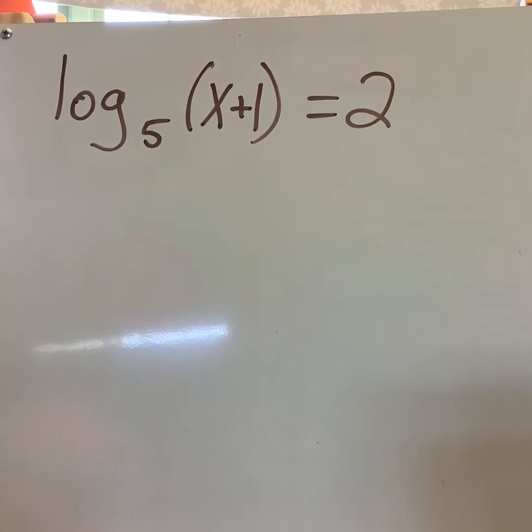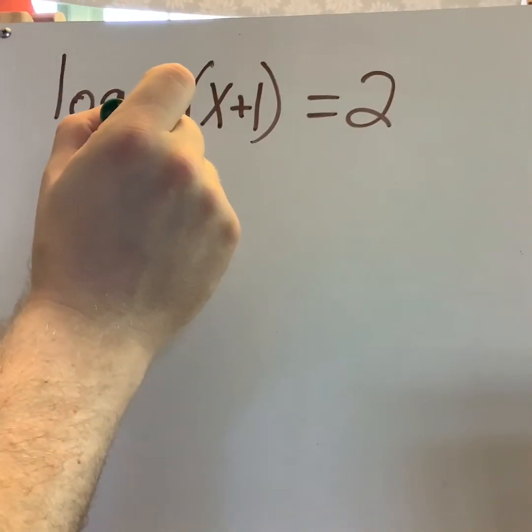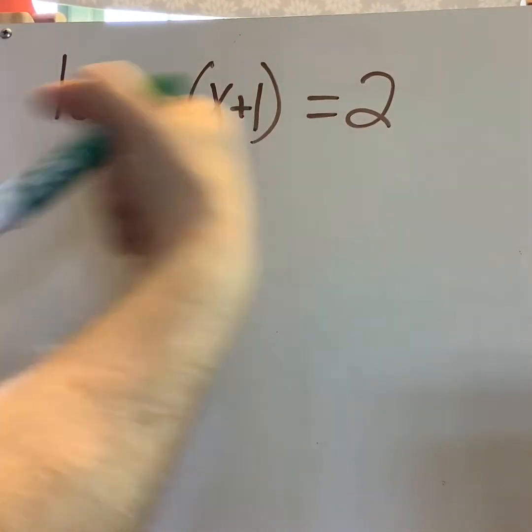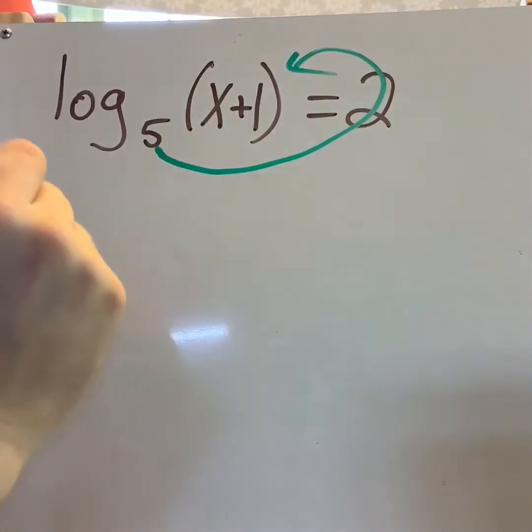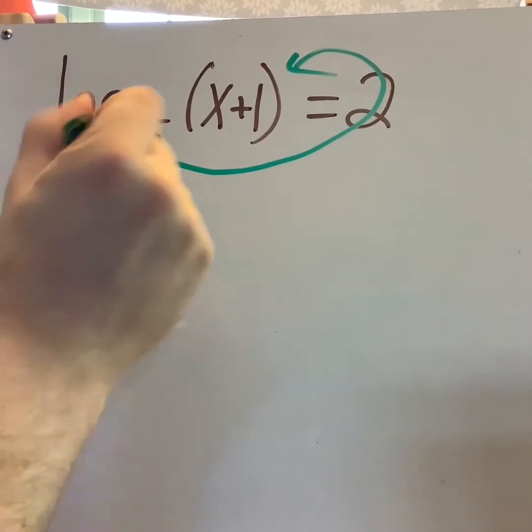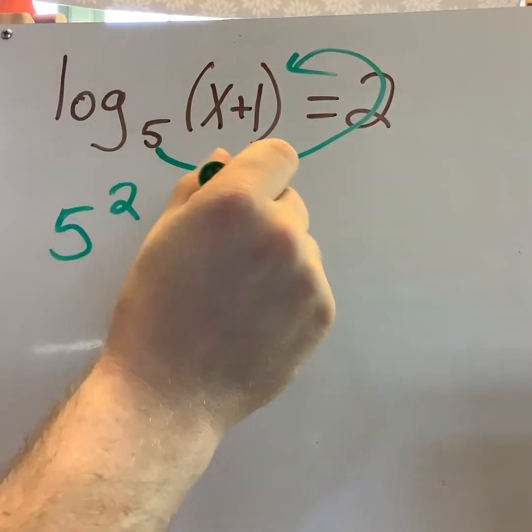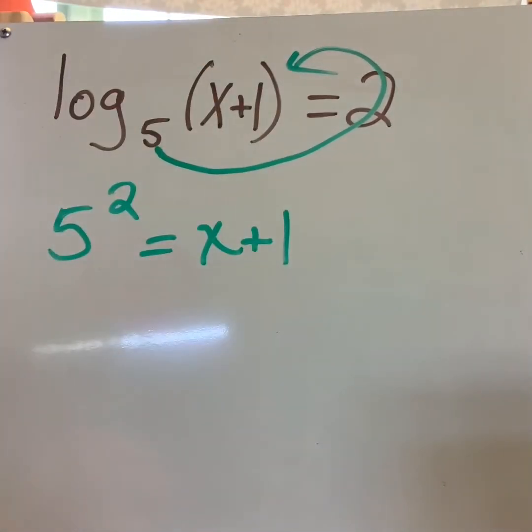All right? Hopefully you paused it and you thought about it and you said, well, what if we converted this from log form to exponential form? I would say very good. So we're starting with, since our log expression is on the left, we're going to start at our base, loop all the way around, and we get 5 squared is equal to x plus 1. And you say to yourself, oh my God, this isn't bad at all.